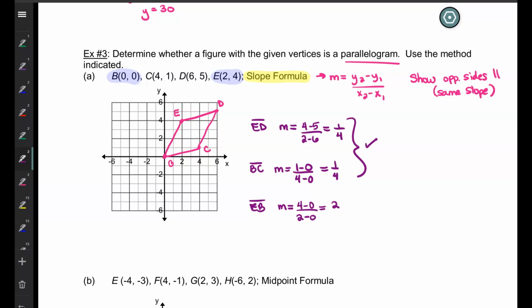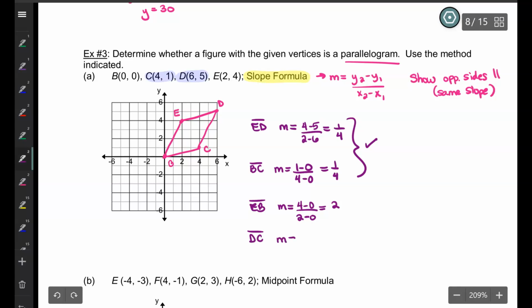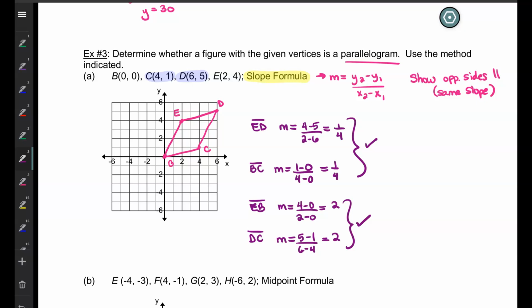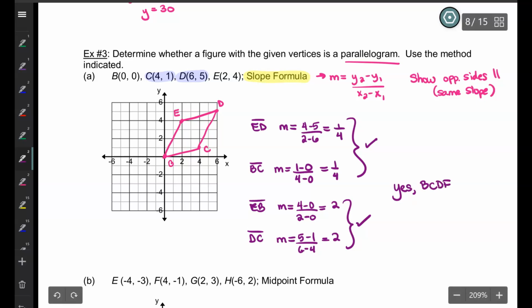And I want to make sure that DC on the other side, so now those 2 points, let's see what I get for M: 5 minus 1 over 6 minus 4, so that's going to be 4 over 2. Good, so those check out, and those are both the same. Okay, so we'll just say yes, BCDE is a parallelogram.